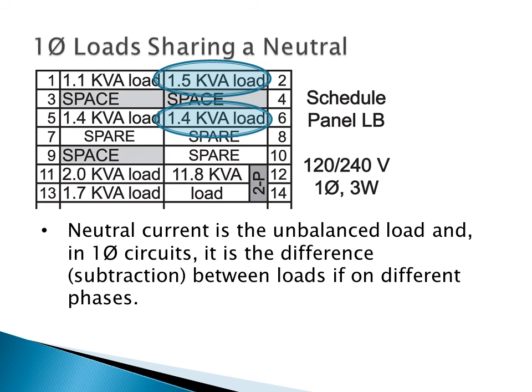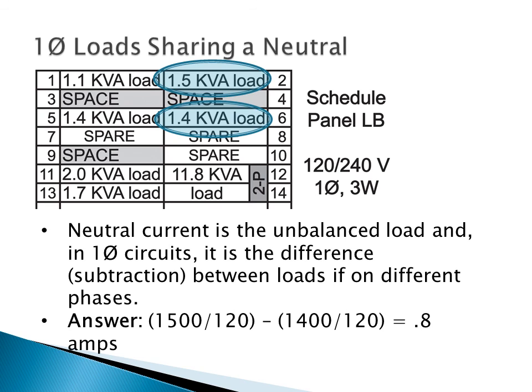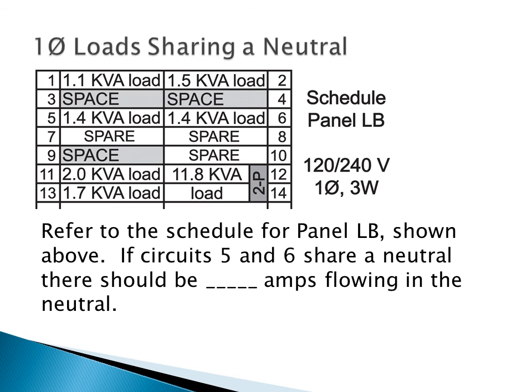It's kind of funky, but it works. Let's look at the math. 1500 divided by 120, so we did P over E equals I both times, and then did the subtraction. So the neutral current on that shared neutral is 0.8 amps.